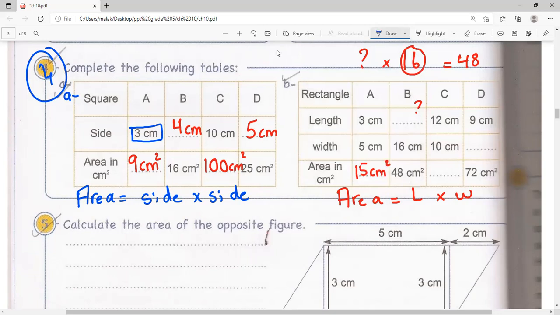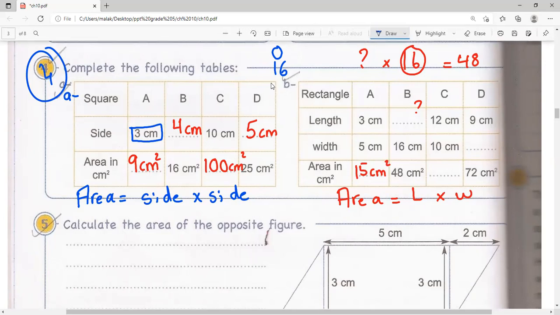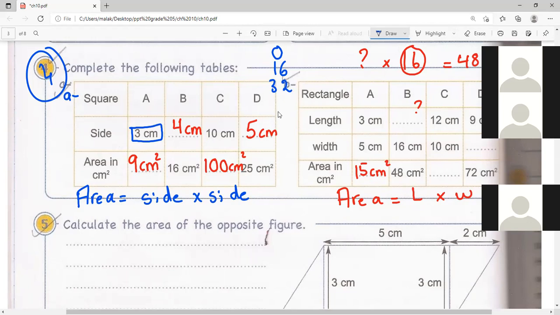Let's write table 16. 16, then 32, then 48.